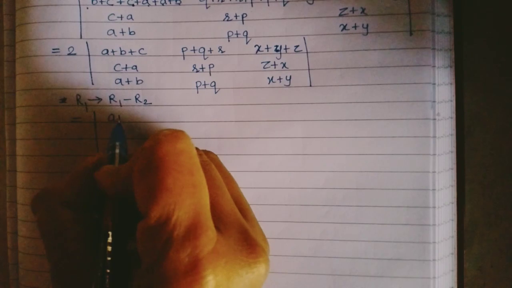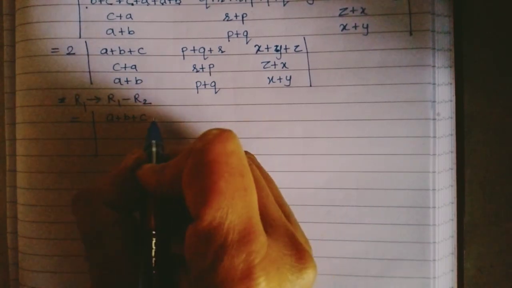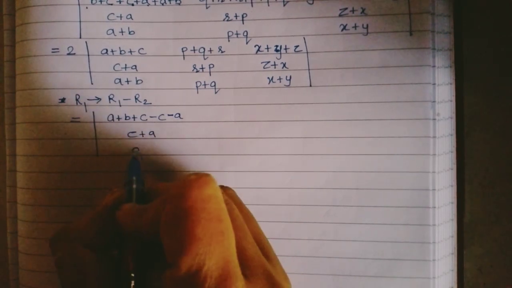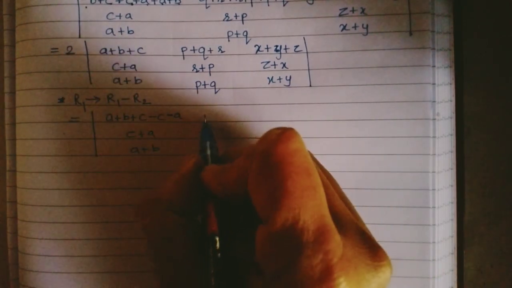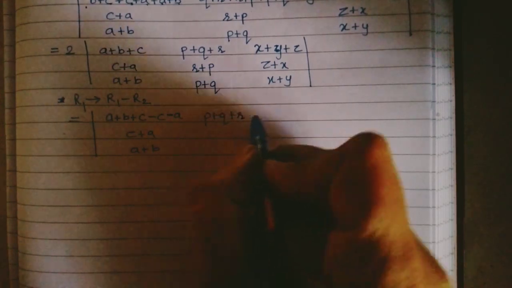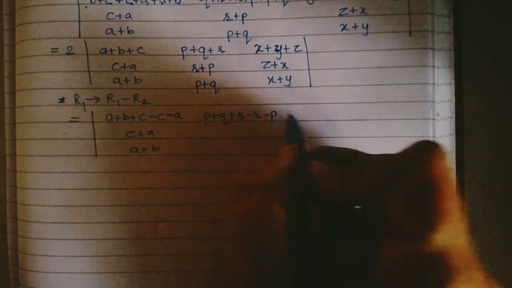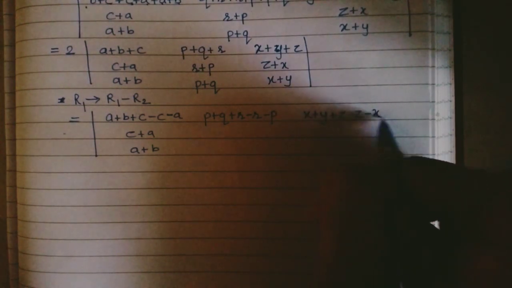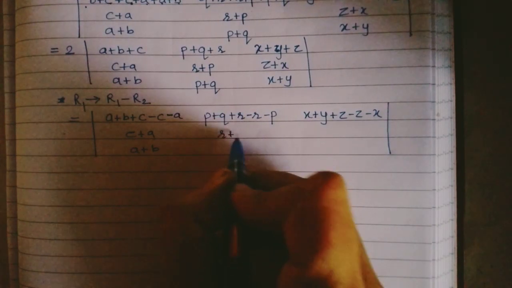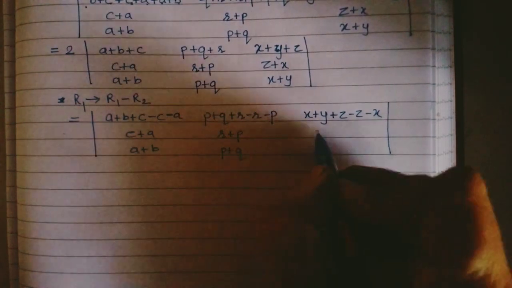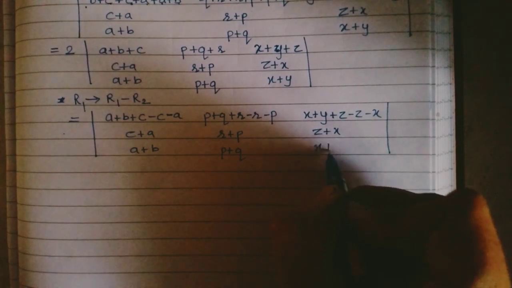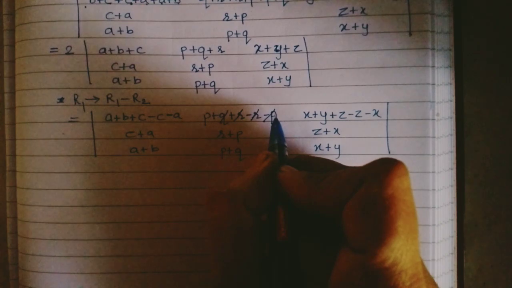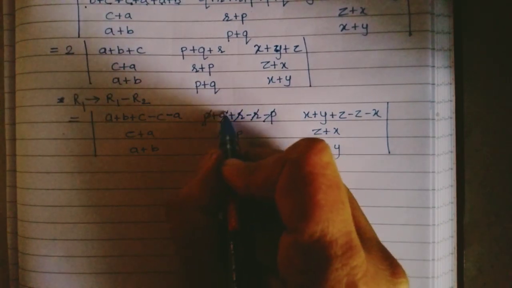So R1 minus C minus A, okay, so here you will get only Q, right?